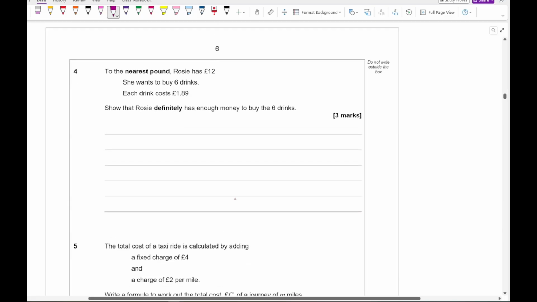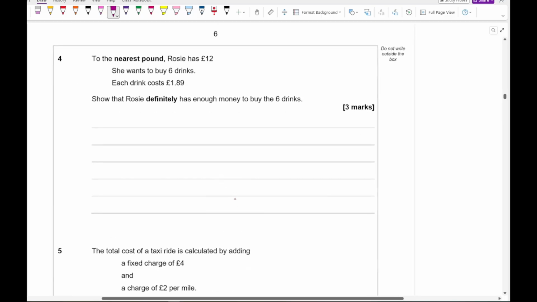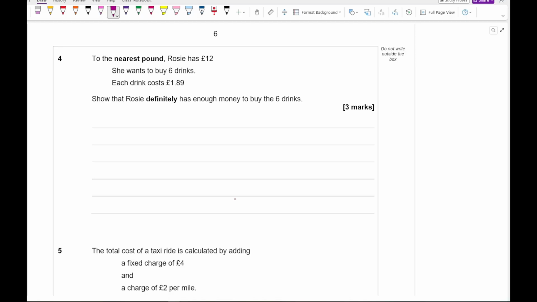Moving on to question 4, it says to the nearest pound, Rosie has 12 pounds. She buys 6 drinks. Each drink costs £1.89. Show that Rosie definitely has enough money to buy 6 drinks. Well, to the nearest pound, the smallest amount that Rosie can have is going to be £11.50.